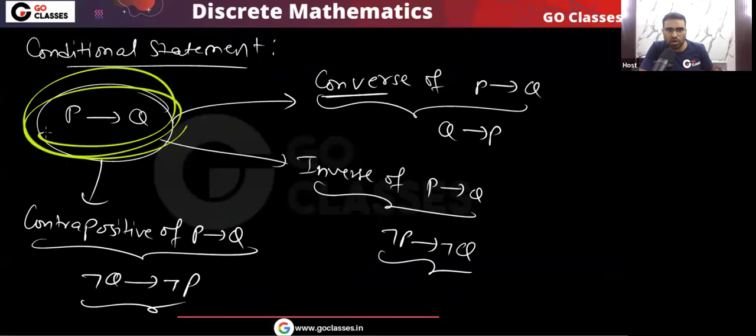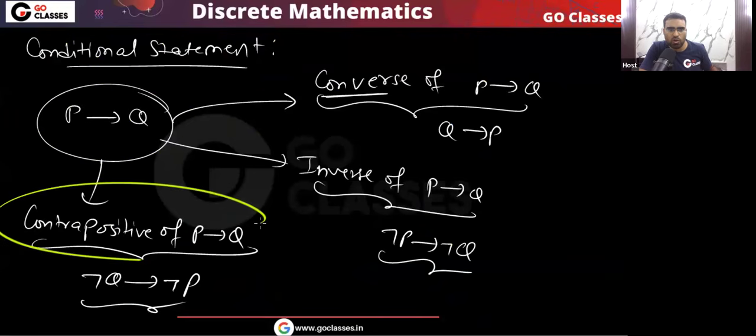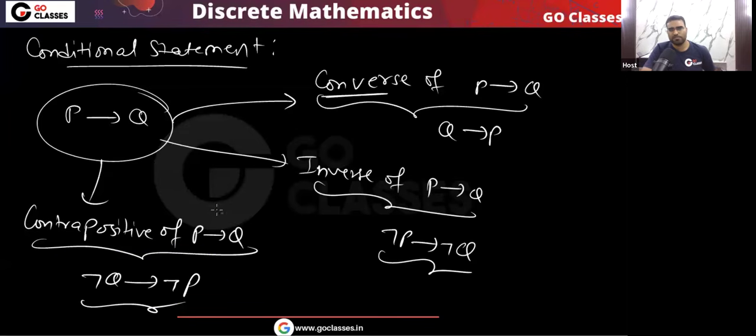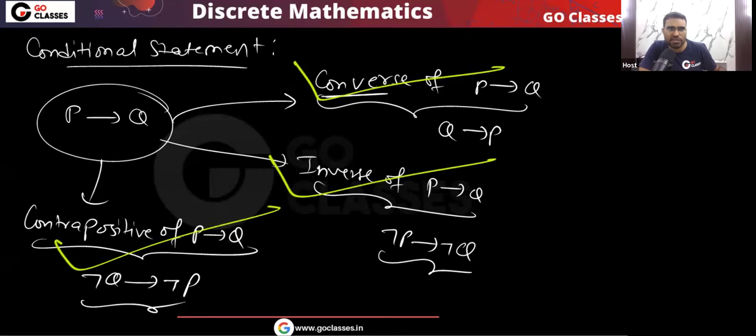And the contrapositive of P implies Q is negation Q implies negation P. So converse will be Q implies P, inverse will be negation P implies negation Q, and contrapositive will be negation Q implies negation P. You have to understand and remember these definitions: converse, inverse, contrapositive. Is this clear? Let me know.